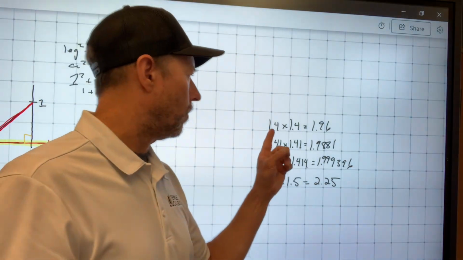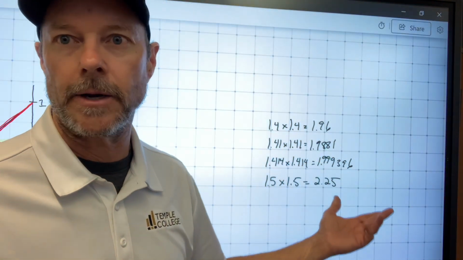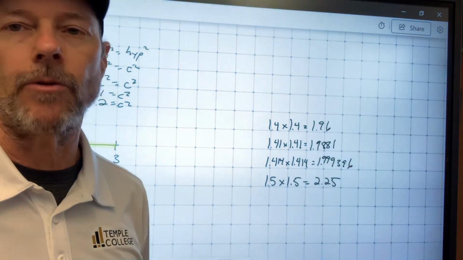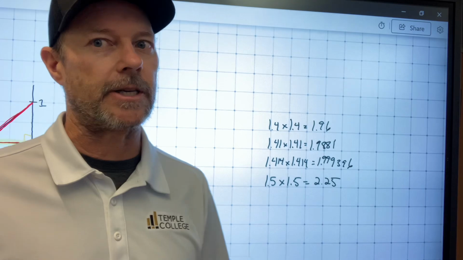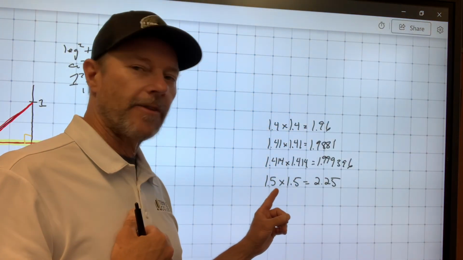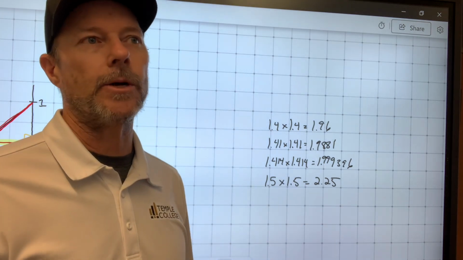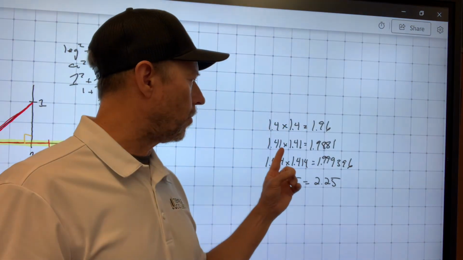I have some notes over here. Let's look at them. 1.4 times 1.4, well, that's almost 2. It's 1.96. So it's close to 1.4, but it's not 1.4 because 1.4 times itself doesn't give us 2. What about 1.5? 1.5 times 1.5 is 2.25, so it's a little too big. What about 1.41?